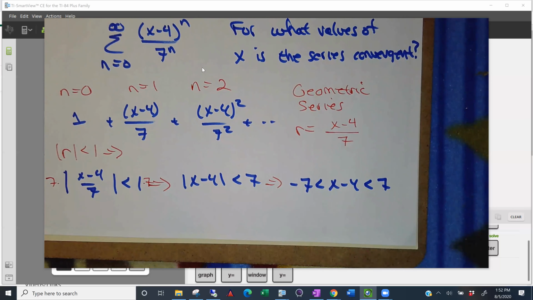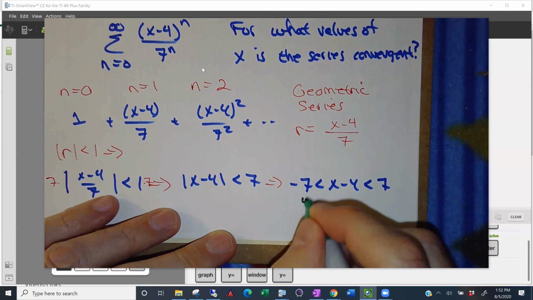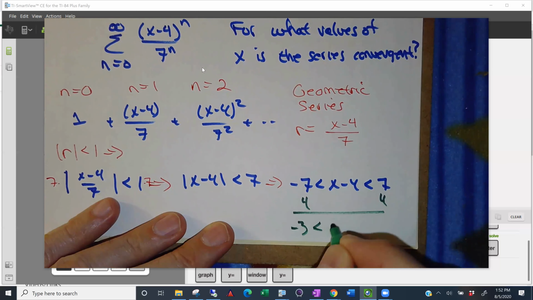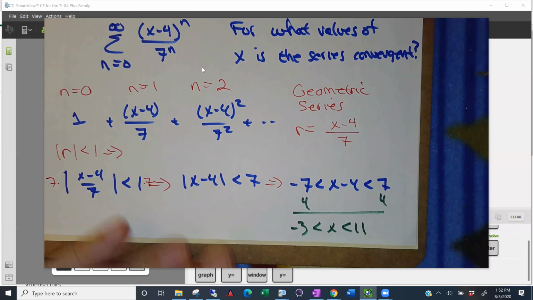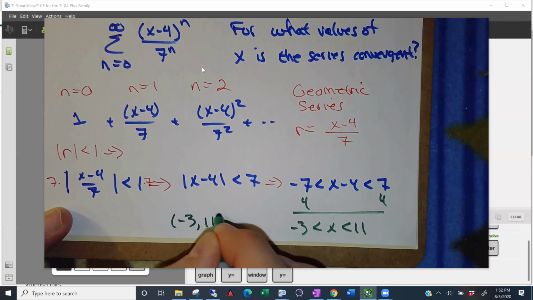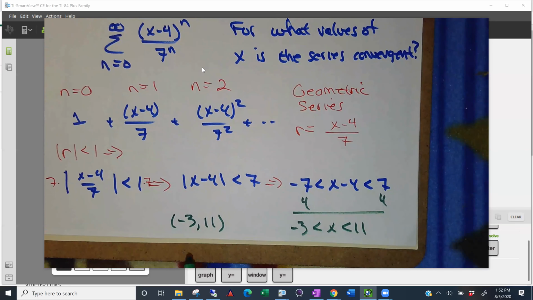Okay. Now if I add 4 to both sides, I end up with negative 3 is less than x is less than 11. So this series will converge for values of x between negative 3 and 11. Now I'm not sure what kind of notation they're going to ask. They might ask for it in interval notation.